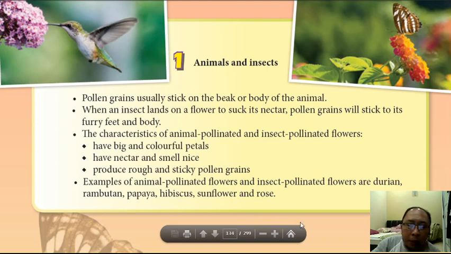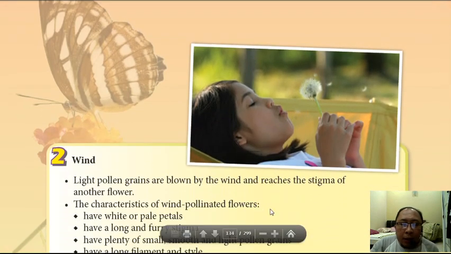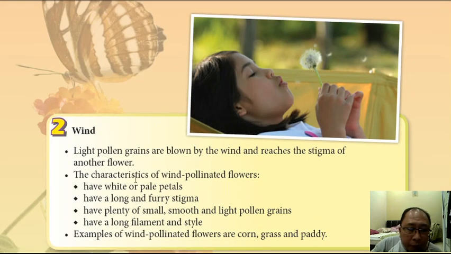So you have to remember the examples of animal pollinated flowers and insect pollinated flowers. Next, the second pollinating agent is wind.